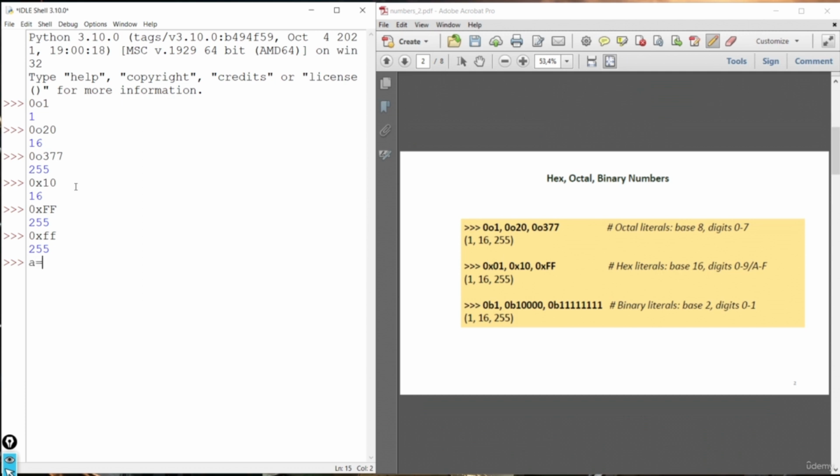I mean, if I type a equals 10 and capital A equals 20, we have case sensitivity here. So small a is different than capital A. But while defining hexadecimal numbers, we can use capital letters or small letters. They give the same result. Okay, let's continue.